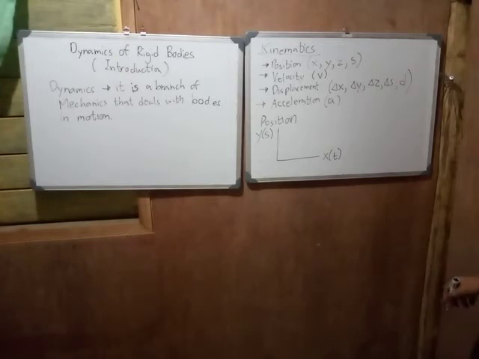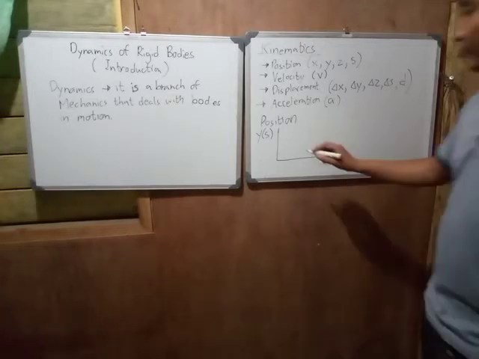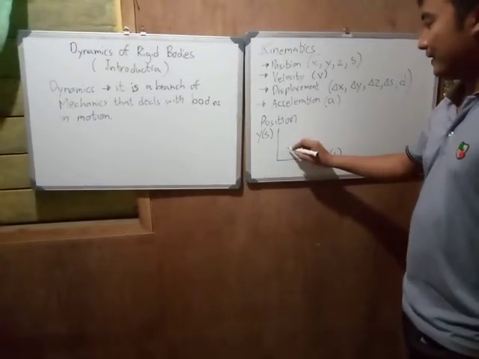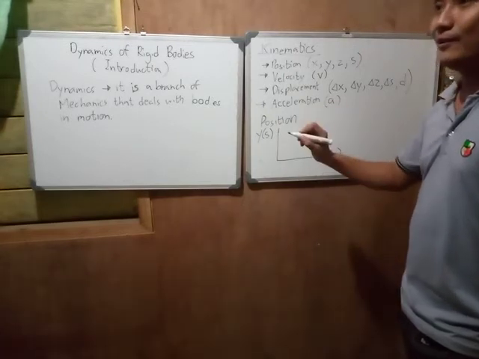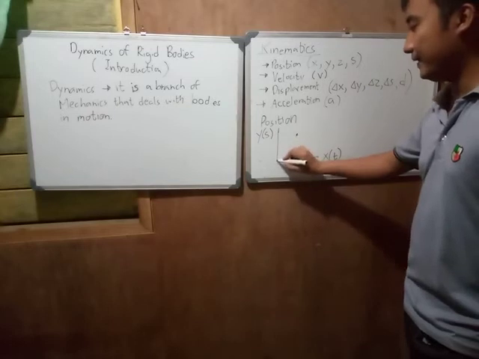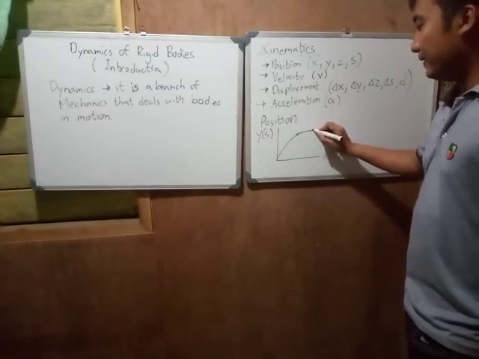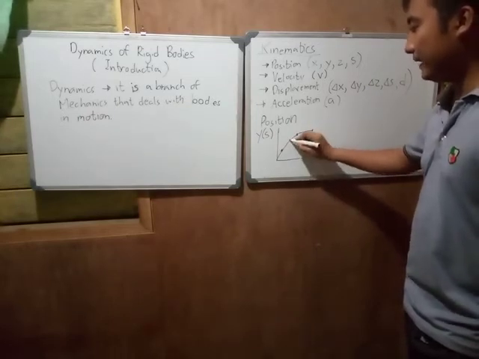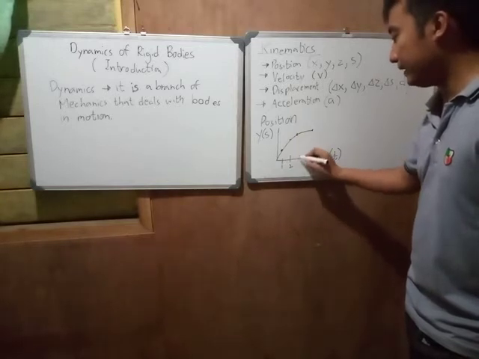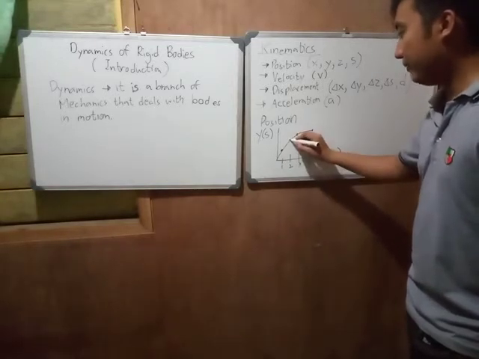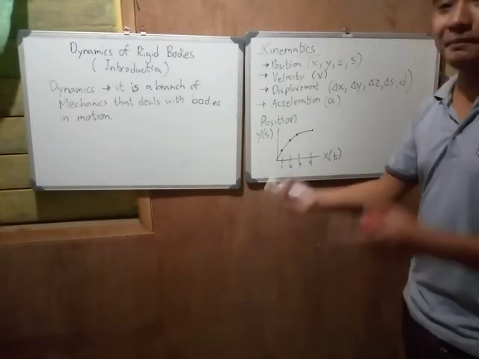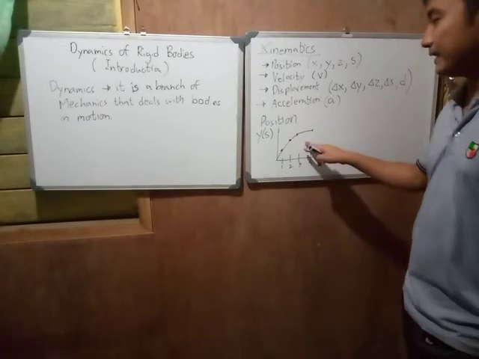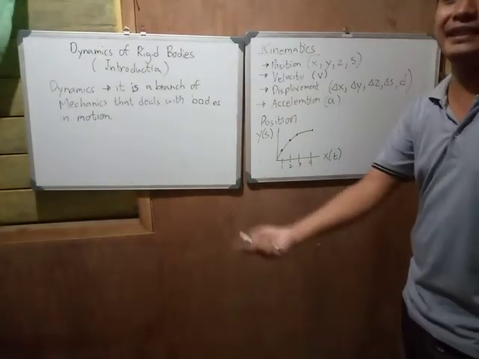Pag sinabi natin position, ito yung kung nasaan yung body at any time. Normally itong position mo, lagay natin 1 second, 2 seconds, 3 seconds or 4 seconds. Kapag in motion yung body mo, something that changes ang position mo. Unless kung static ka, yung position mo hindi nag-change.